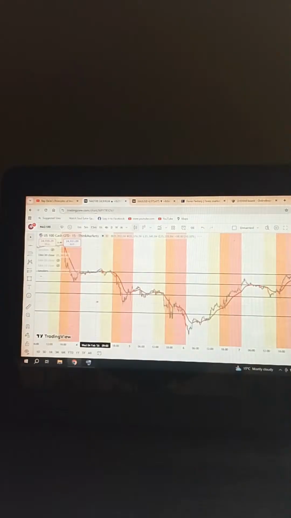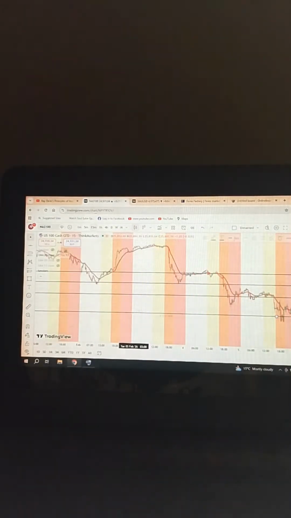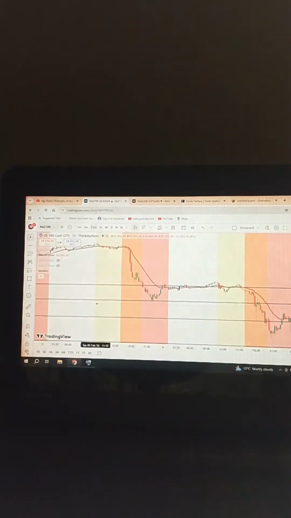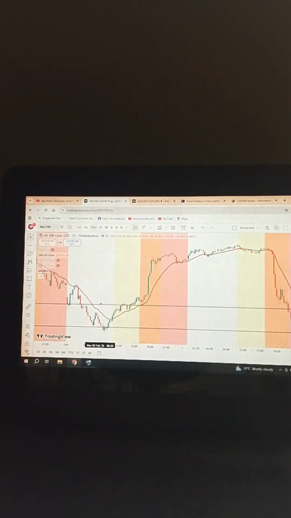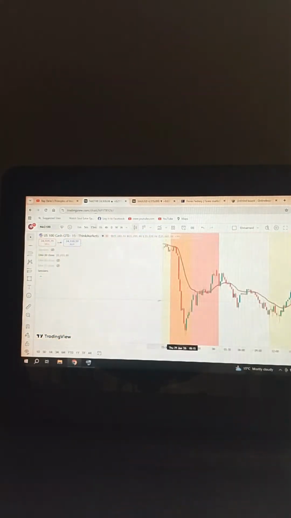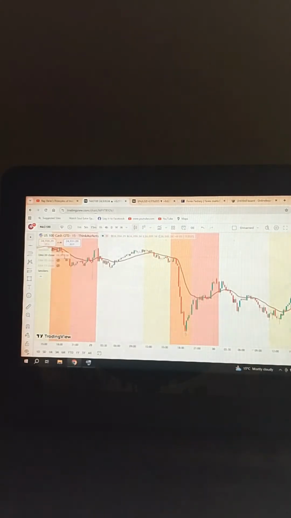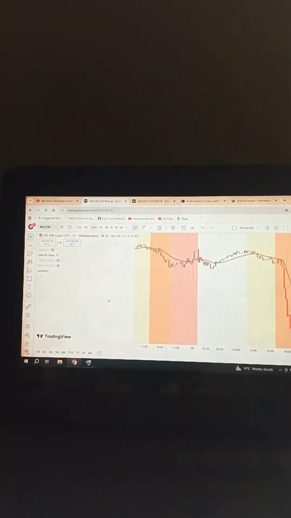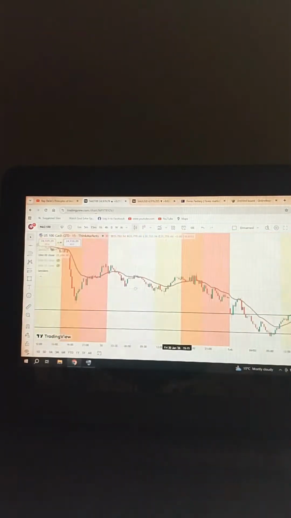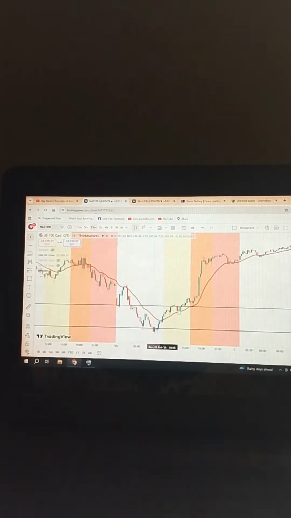The market is on a downtrend. This is a Nasdaq market, you can see it on my screen here. Confirm to me if you always trade Nasdaq on your side.